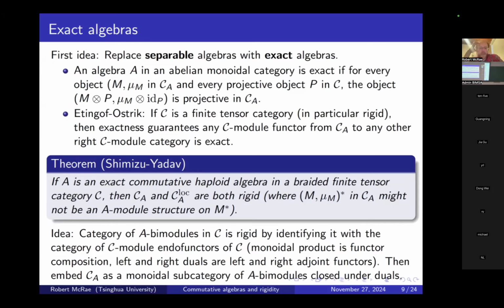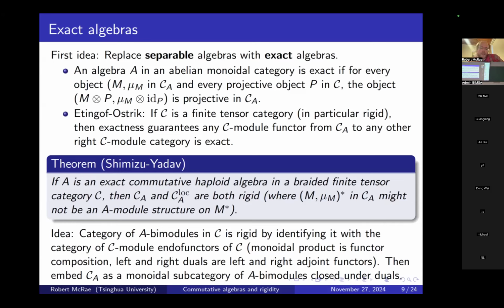And then you can embed CA into the category of A bimodules by using the braiding to give any left A module a right A module structure. And then you show that CA embeds as a monoidal subcategory that's closed under duals.